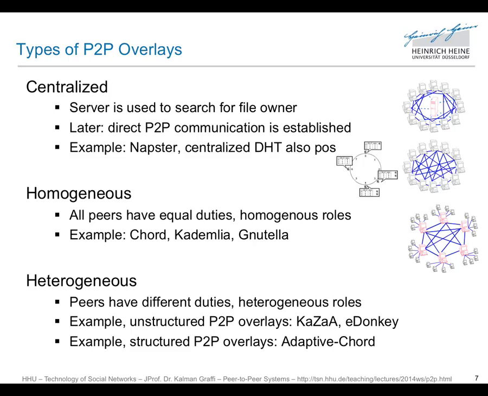Every peer can select its specific role, and in combination of these roles, the networks perform. For example, some of the overlays that we will have a look at use so-called super peers. The super peers create their own network by themselves, and the normal peers are connected to the super peers, so we have different roles. But we will have a look at what this means in detail, so just to know the terminology.